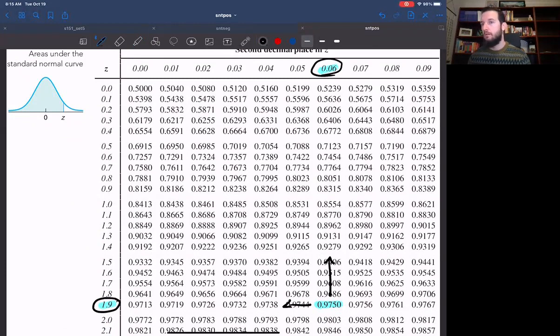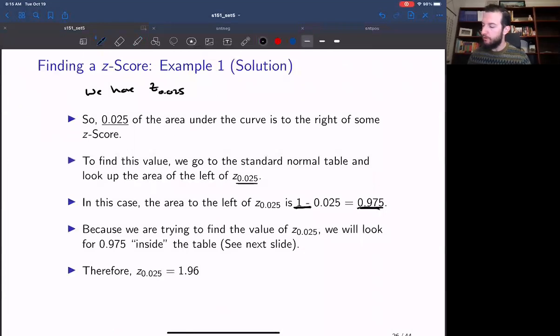Right. So what that means is that Z subscript 0.025 is equal to 1.96. Right, so that's the result. We found the z-score that has 0.025 of the area under the curve to its right. Any questions?